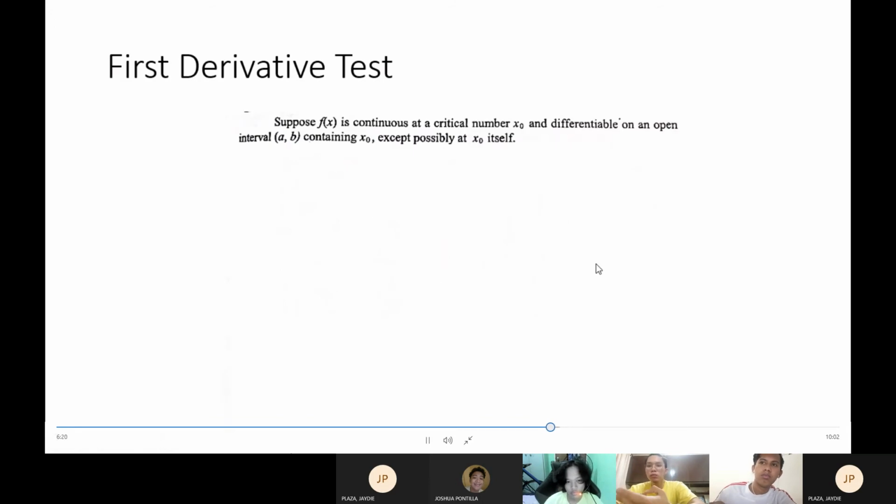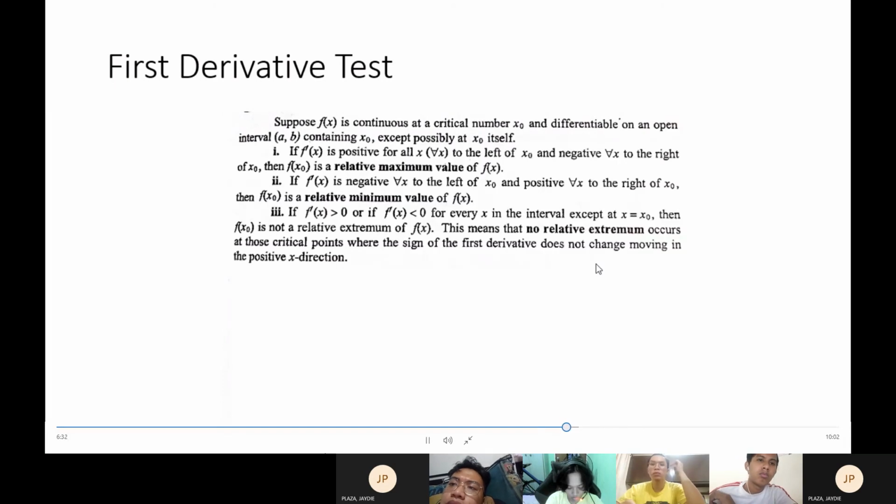Now, for the first derivative test, suppose your f of x is continuous at a critical number x sub 0 and differentiable on an open interval a b containing x sub 0 except possibly x sub 0 itself. So we have here the rules. If f prime of x is positive to the left, then we have a relative maximum value.